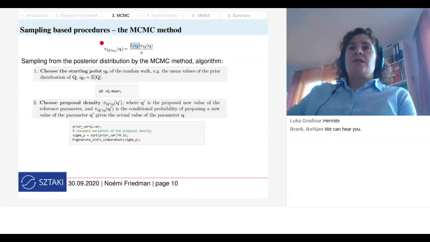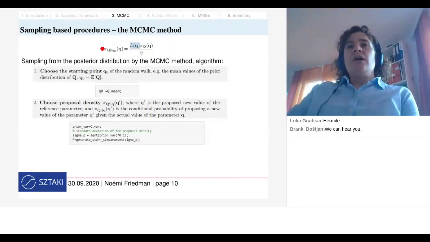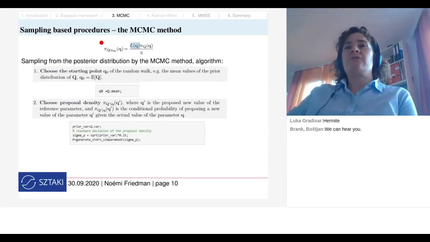And I will use a special random walk for sampling from this posterior distribution. How it's done is explained in these steps right here and shown with the sjlib library package.